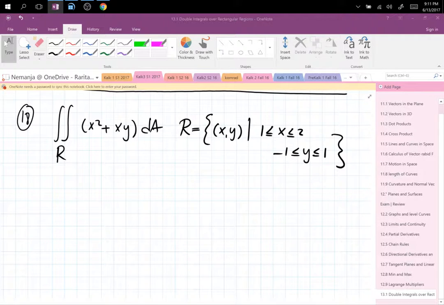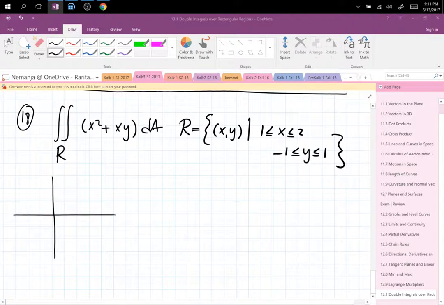So I will start by drawing the region. I have one and two on x-axis, and then I have +1 and -1.